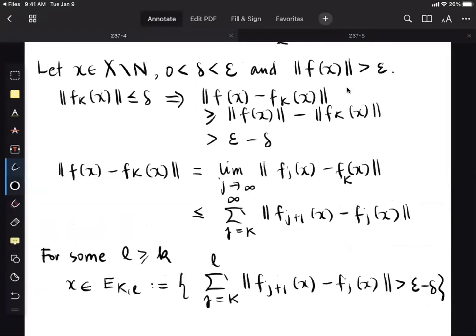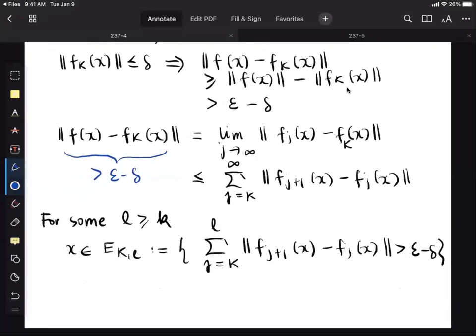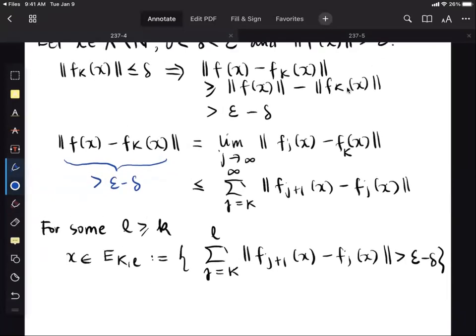And why is that the case? Take note that based on this inequality here, epsilon minus delta would be strictly less than this sum here. So say that sum is located on this part.